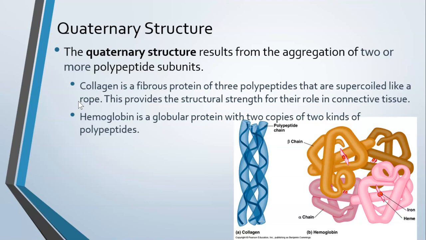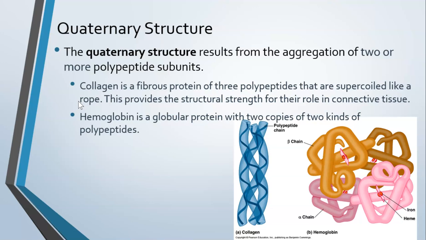A really good example of that is hemoglobin, and we'll talk about hemoglobin more when we talk about sickle cell. But hemoglobin is actually 4 proteins that are beta pleated sheets that are then modified. That's the tertiary, then they come together and hook together as this unit of 4.